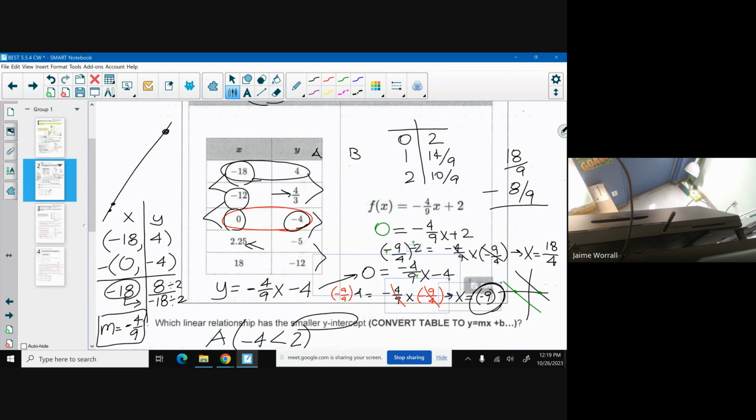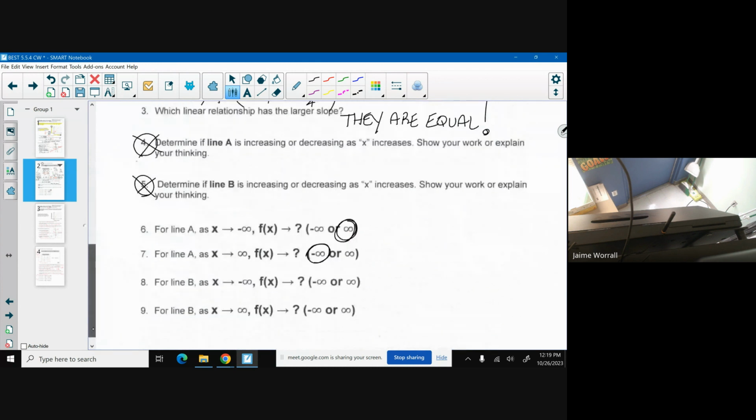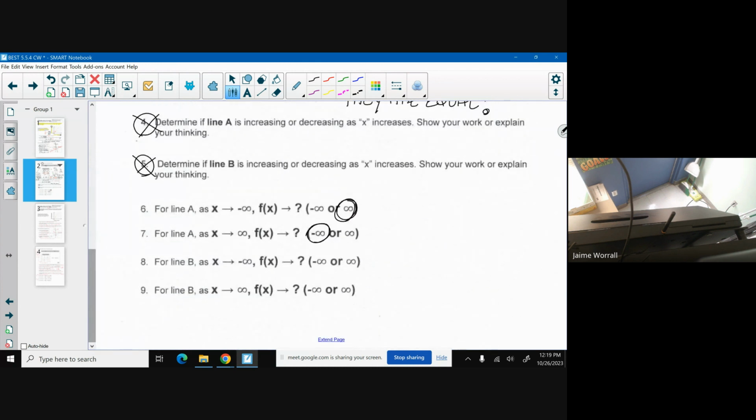Can we agree that this number is decreasing? As x is increasing, y is decreasing. Which means if x is getting smaller, y is getting bigger.